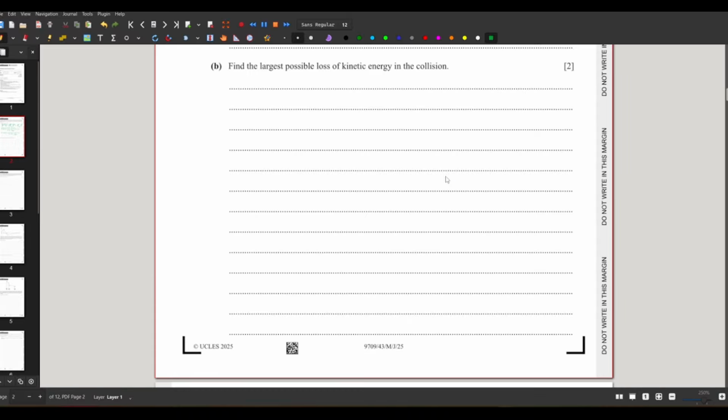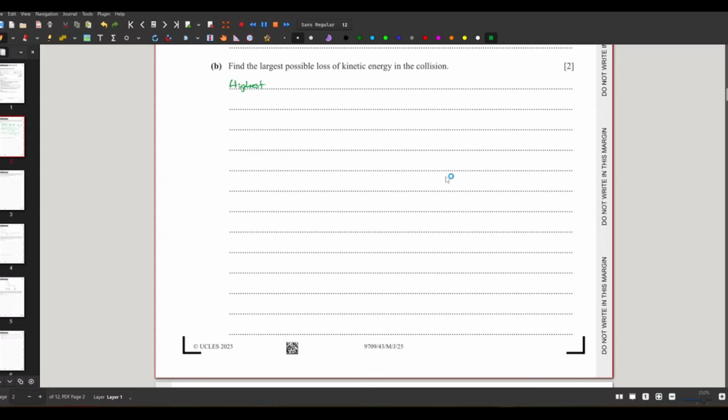I will write this one just to be clear. Highest initial kinetic energy can be obtained with u equal 14 meters per second.